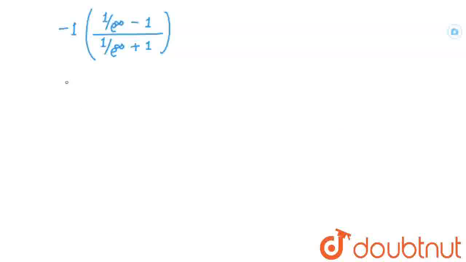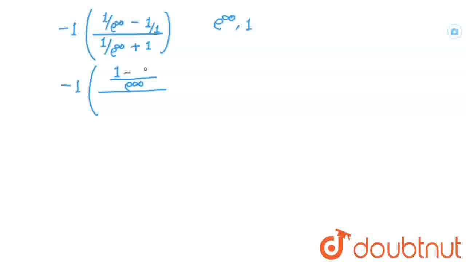So we get minus 1, and in numerator this is 1 upon e to the power infinity and this is 1 upon 1. LCM of both will be e to the power infinity.